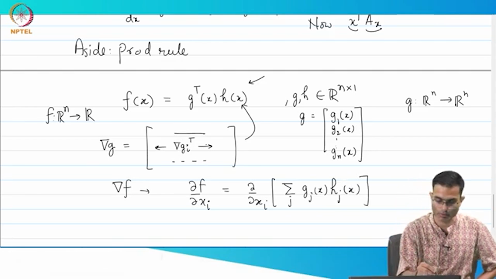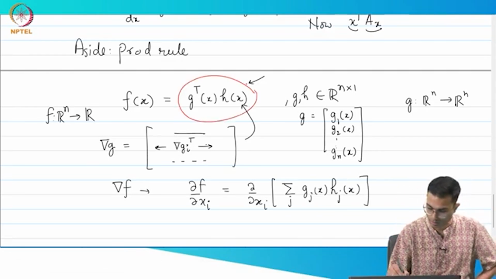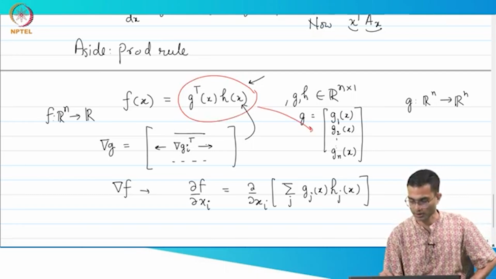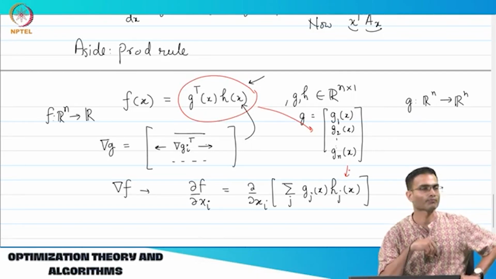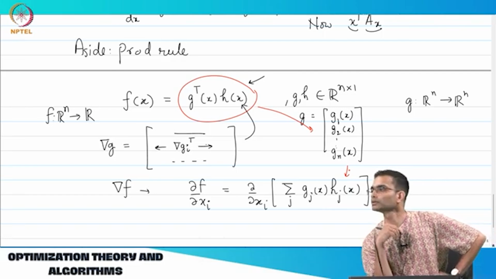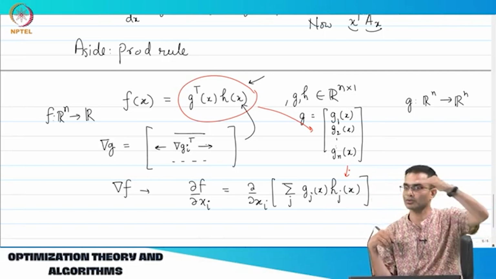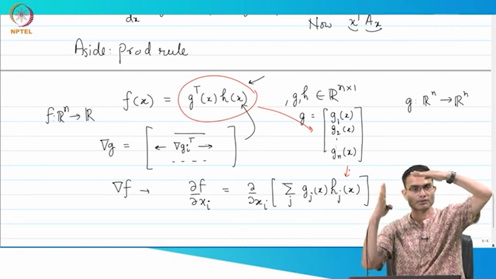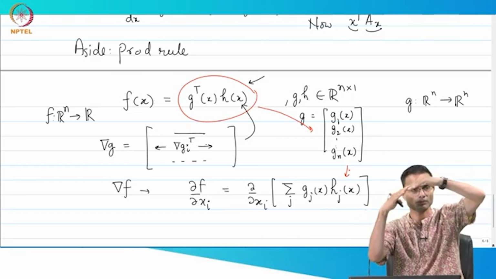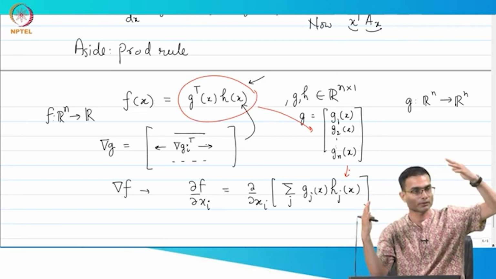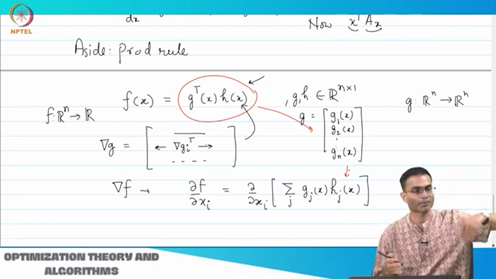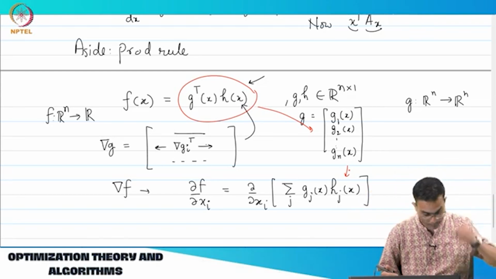I am just writing this out using the definitions. I have n components of g in a row vector, n components of h in a row vector, they are multiplied into each other and we have a scalar, and I am taking the partial derivative with respect to xi.